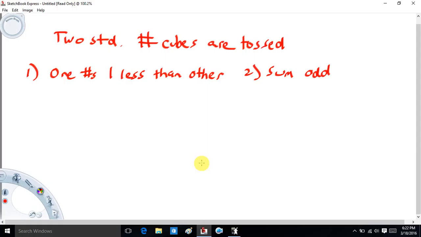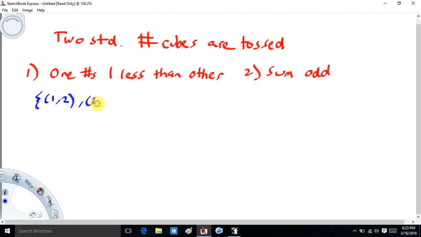So one of the numbers is one less than the other, and the sum is odd. We're trying to figure out if these events are mutually exclusive. So can they both occur together? Let's just list the possible outcomes here. So here we can have a 1 and a 2, right?